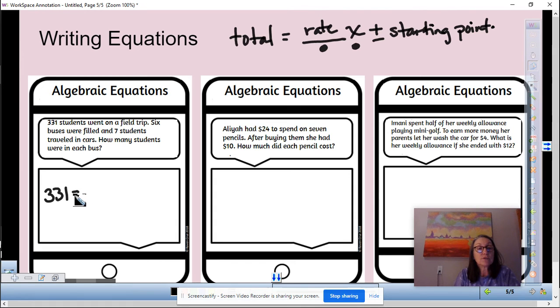That is equal to, now what we have here, we have some kids that went on a bus and some kids that went in cars, and we're going to be adding these together. Well, we know that 7 kids went with their parents in cars, so I'm going to put 7. That's not truly our starting point, but we could consider it and say, hey, we're going to start out by sending those 7 kids in a car with their family.